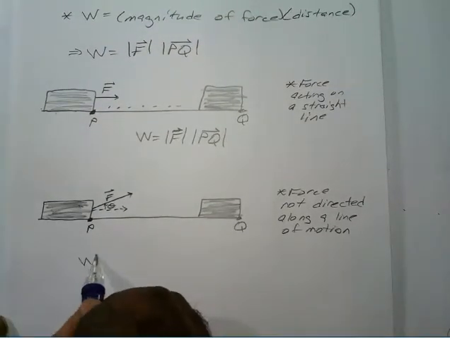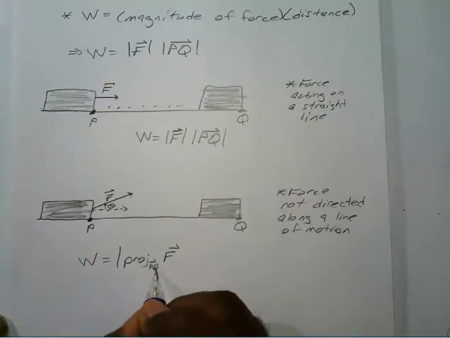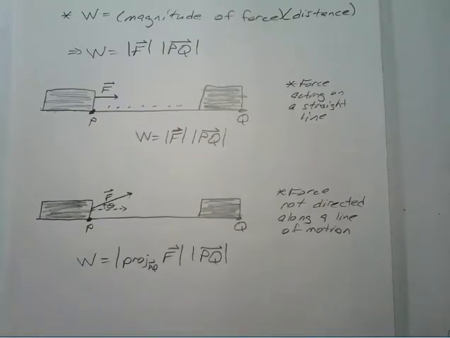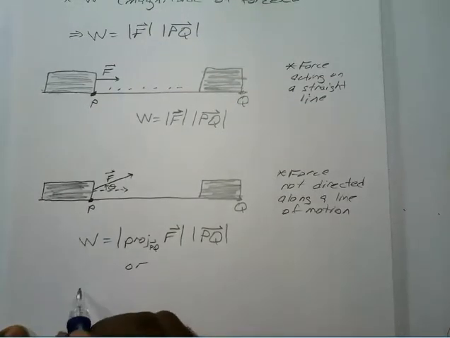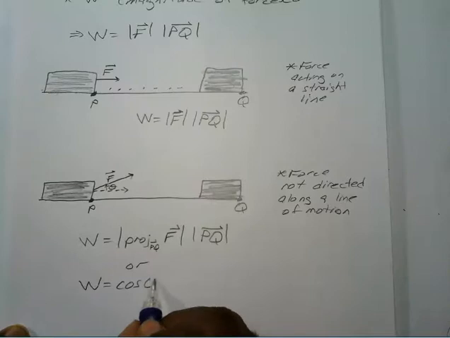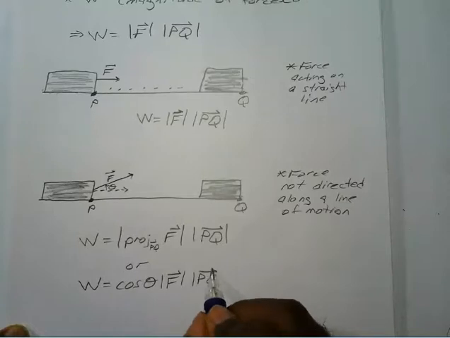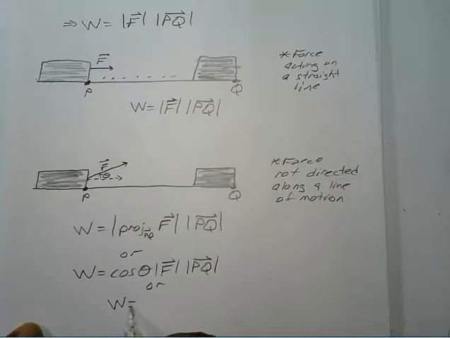Okay, so here in this case, our work will be equal to the magnitude of the scalar projection of the force along the line from P to Q times the distance, which is the magnitude from P to Q. So really, we could rewrite this as work is equal to cosine of theta times the magnitude of force times the distance from P to Q. Or work is equal to the dot product of force and distance.